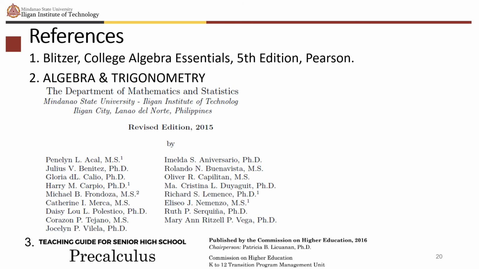I made use of them in taking note of the graphs that we had earlier, the circles, the ellipses, and the lines. So if you are not familiar with the sketches, you can take a look at this teaching guide for senior high school. This is available online.